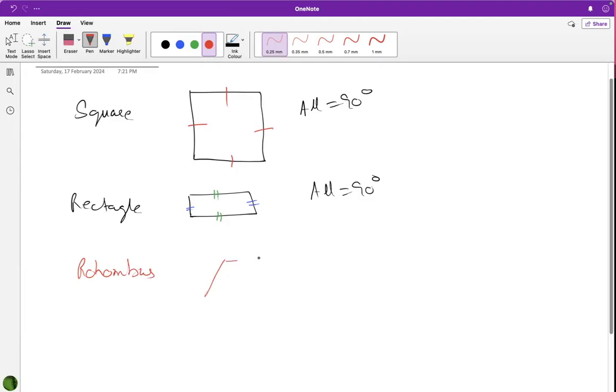Rhombus. What is a rhombus? In a rhombus, we have all four sides of equal length, and we use these symbols, dash lines, and we have opposite angles of equal size.